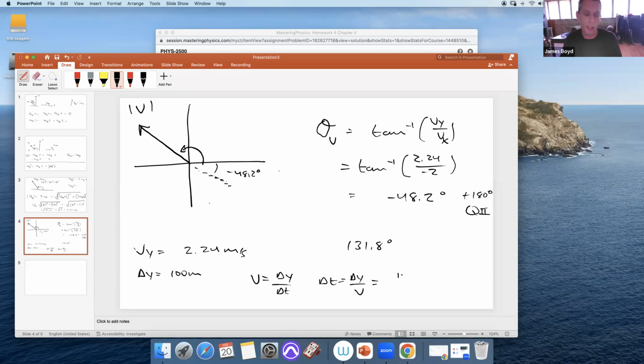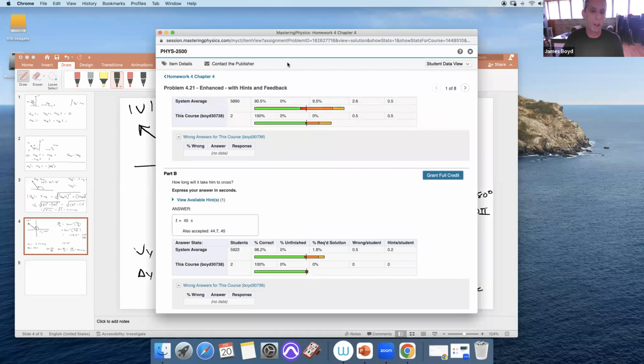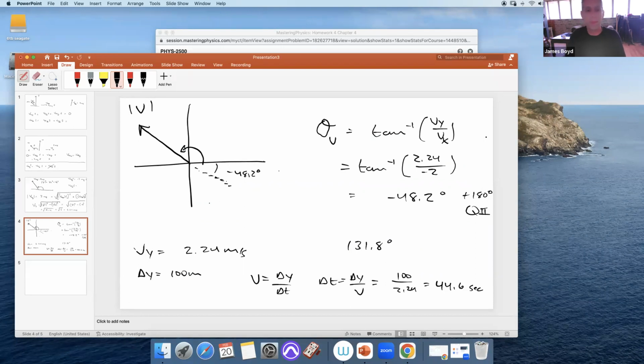So that is 100 meters divided by 2.24 meters per second. Takes them about 44.6 seconds, a little more than a minute. They got 44.7, they got 45. I would go with 45 seconds, round it up to 45.